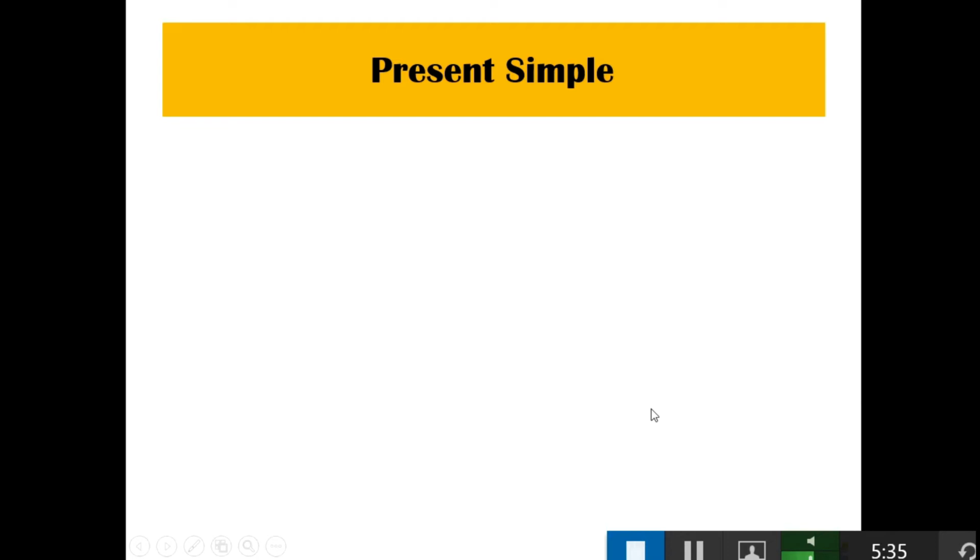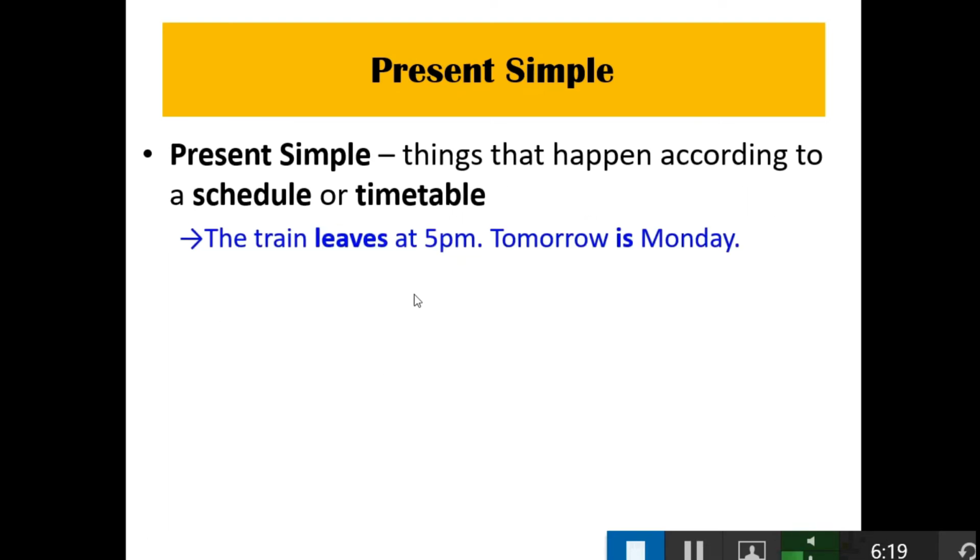The fourth way to talk about the future is the present simple. We have examples. The train leaves at 5 p.m. Tomorrow is Monday. Look at this: leaves, is. This sentence refers to what? Yeah, it refers to a fixed timetable or schedule.